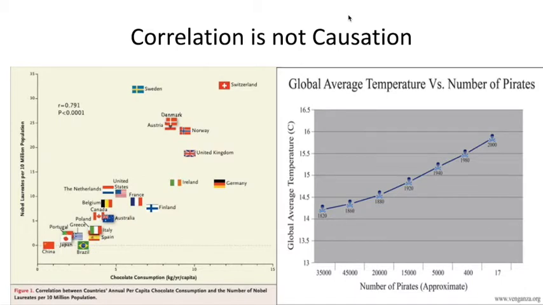On the right here is a graph of the correlation of global average temperatures with the number of pirates, not pilots. It's ridiculous either way, to be honest. But of course, again, it's another example of how correlation is not the same as causation.